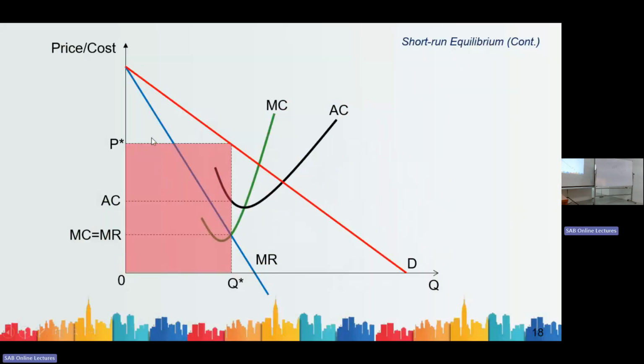This whole area will show the total revenue at the profit maximizing output level, P star into Q star.